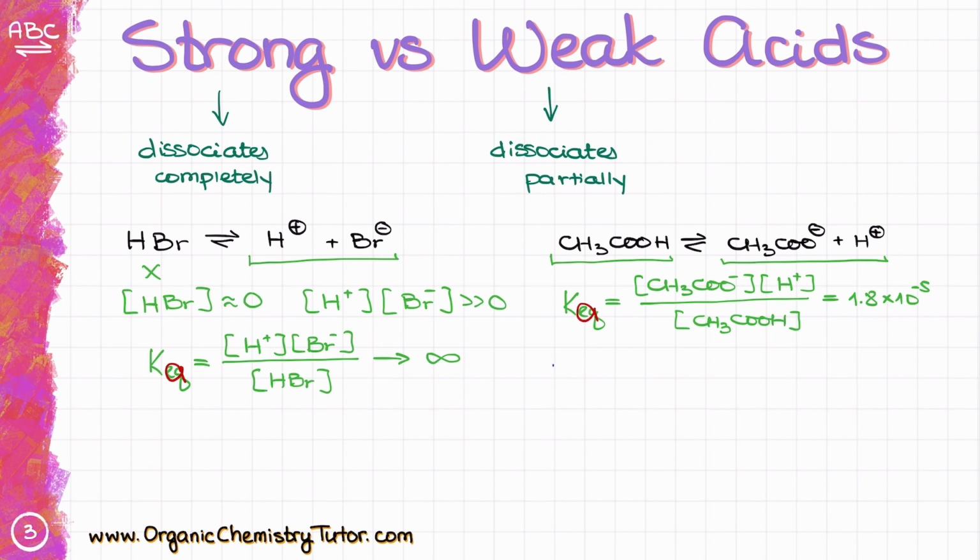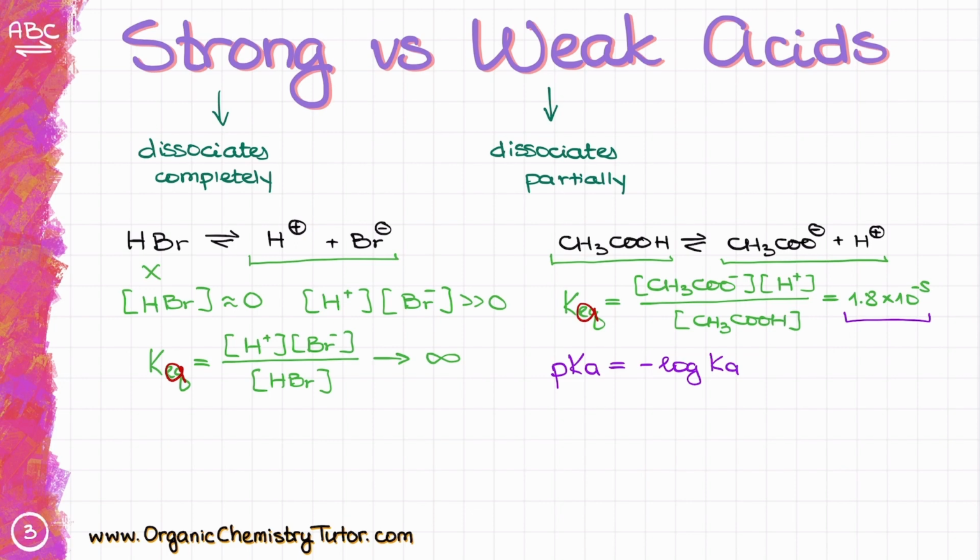I will remind you that by definition, pKa value equals the negative log of the Ka value, which means that if we take all of these Ka values that we have for our different molecules and take the negative log of that, we're going to have significantly more meaningful numbers that are much easier to operate with.